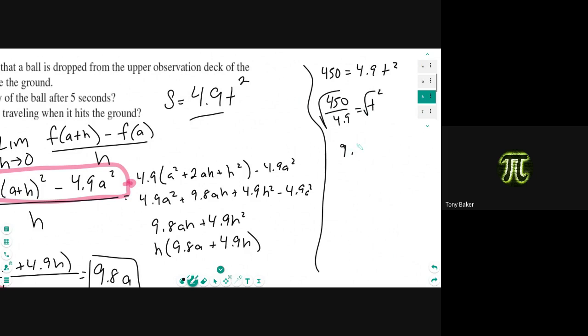So 9.58 equals t. Approximately. So then we do 9.8 times 9.58. And we get 91.8 meters per second. Yeah.